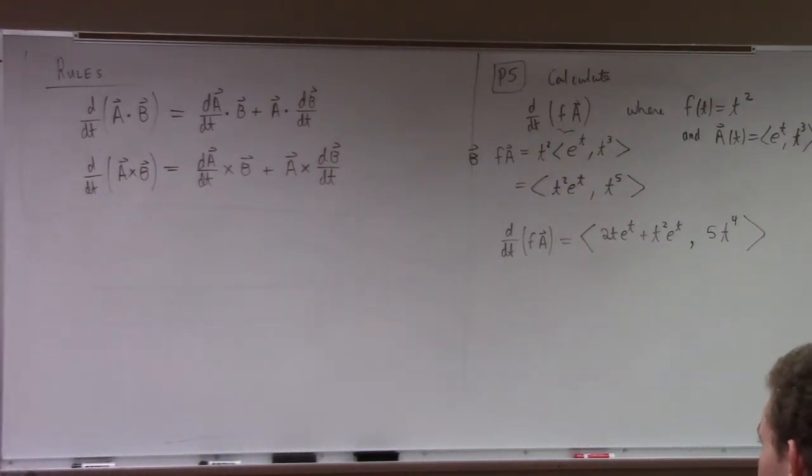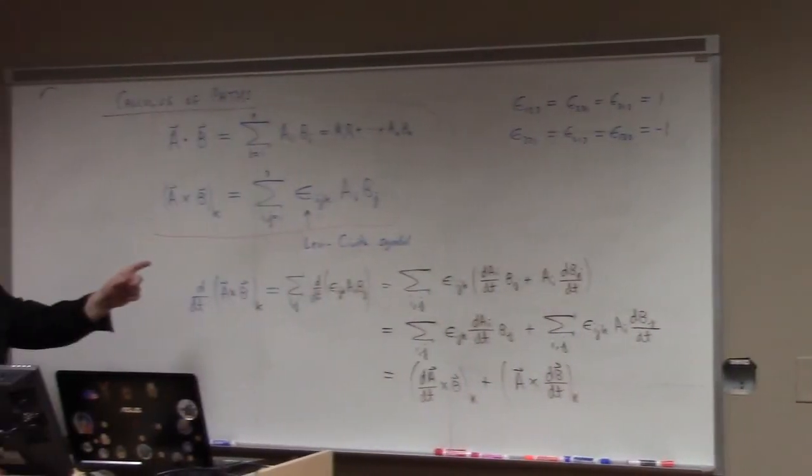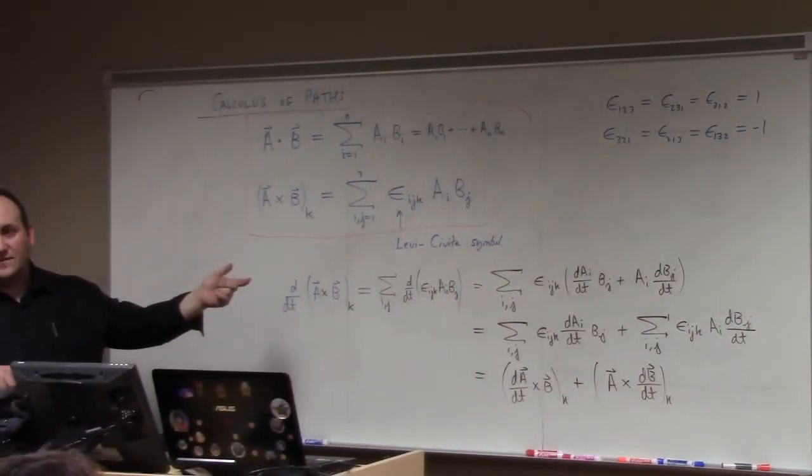But really, if you get down into it, what I'm saying is that the product rule gets applied to each component, and that works together with the structure of the cross product to give us this rule. If you do this without the epsilon ijk notation, let me talk about this for a second. You'd have a cross product which has 3 components, each one of which has a difference of products.